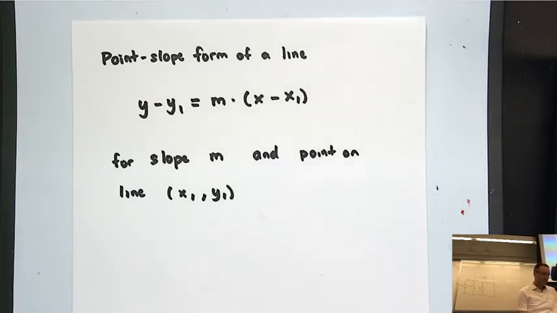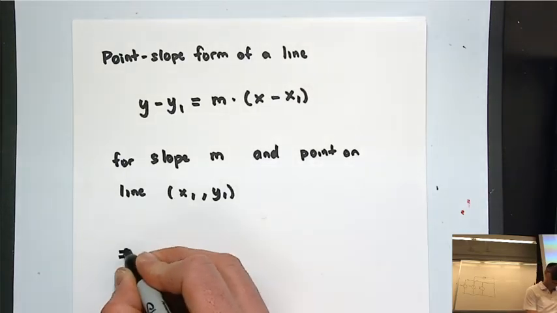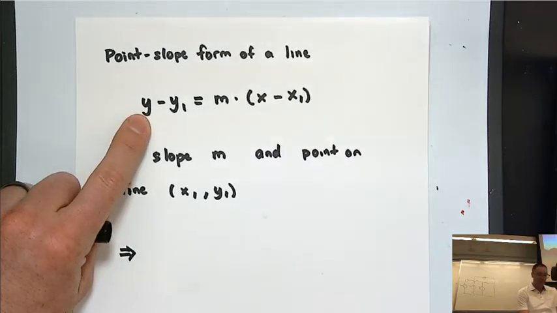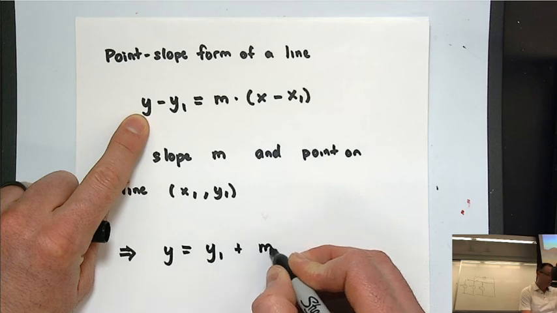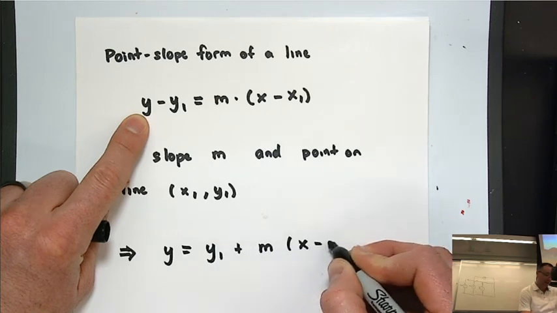So what would that immediately mean if I wanted to get the output on this thing? This is y1 plus m outside of x minus x1.